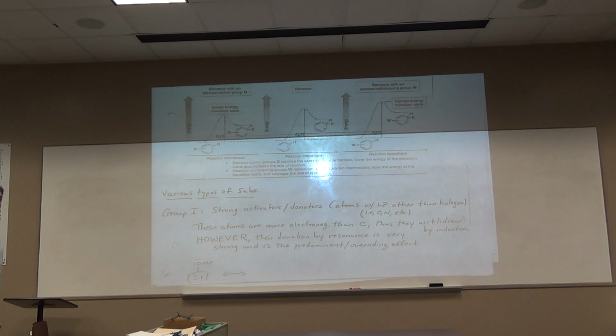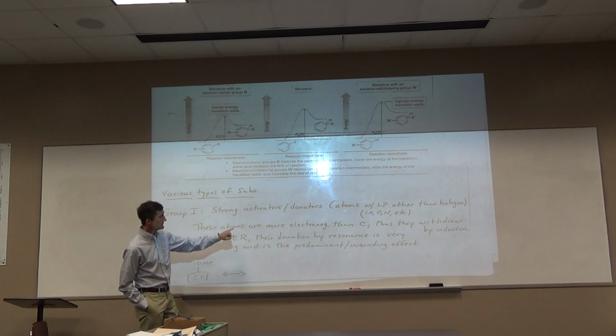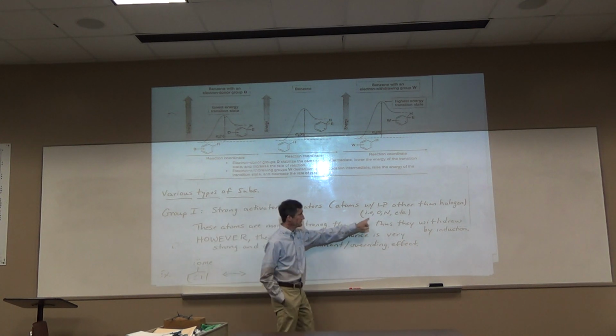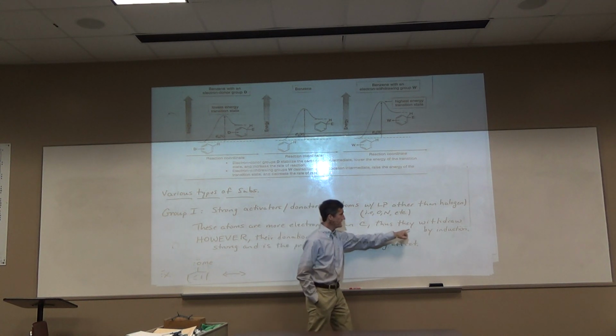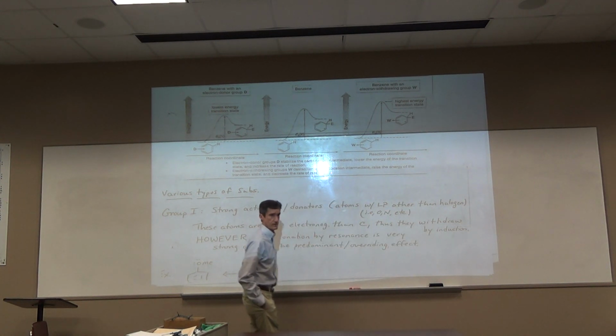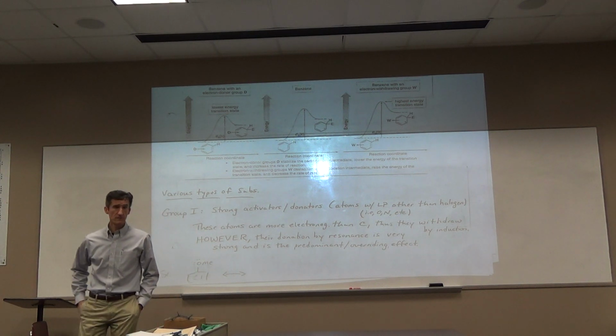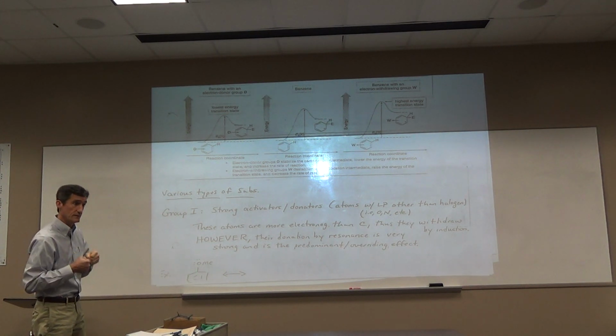But not halogen. These atoms are more electronegative than carbon, both O and N especially. Thus they withdraw by induction, right? Isn't oxygen going to pull on a carbon? Yeah.